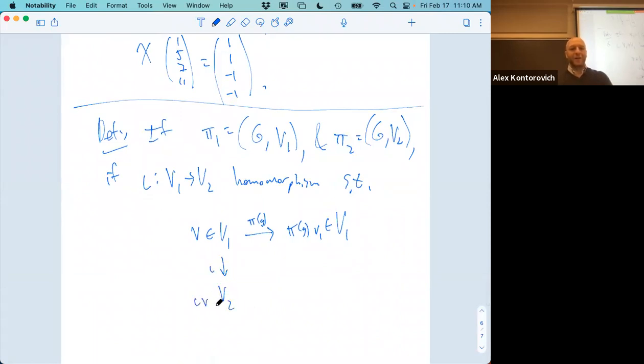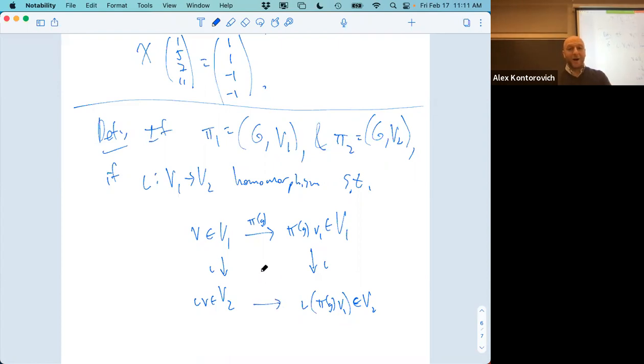Some of you love chasing diagrams and some of you hate it, so I'm going to do this a little slowly for those that, like myself, took a little time to appreciate what these things are. So then I can take iota of pi 1 of g v. That'll be an element of V2, right? Iota sends elements of V1 to elements of V2. This is a linear map.